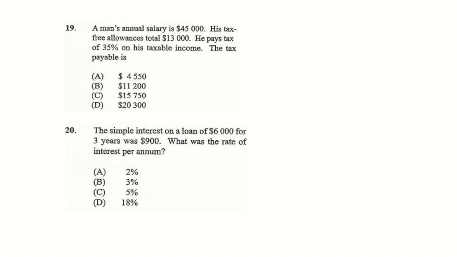A man's annual salary is 45,000. His tax-free allowance is 13,000. No, this is not a repeated question. It looks like one of those, but it's not.